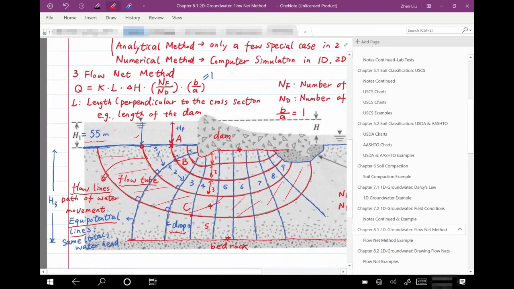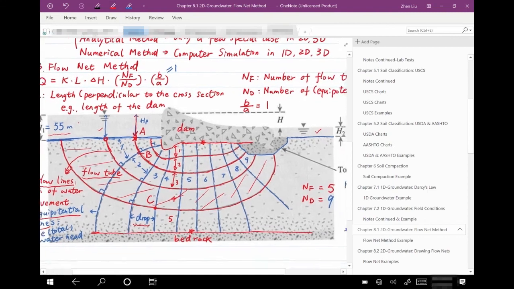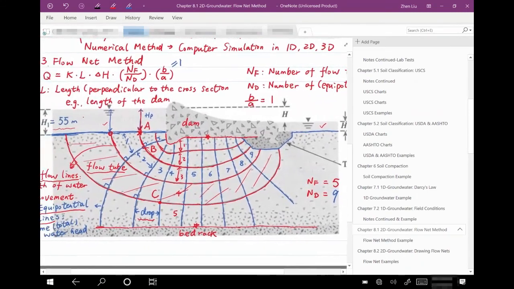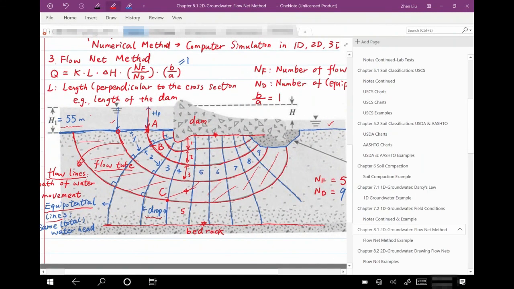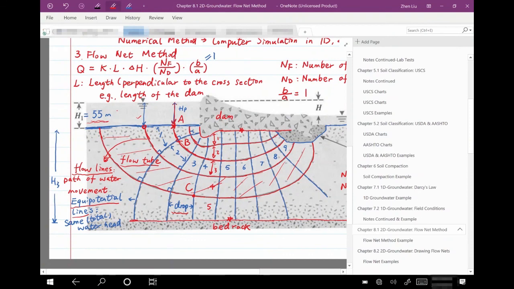Here we set the datum at the top of the bedrock, or the bottom of the soil layer. So it's the distance from here to here. And in this case, it's H3. And H3 here is 100 meters. So the total head of point A is 55 meters plus 100 meters, so H1 plus H3. That's point A.